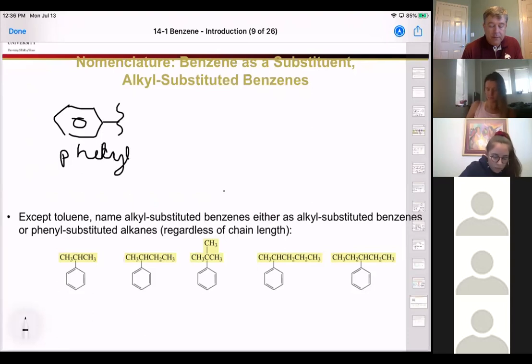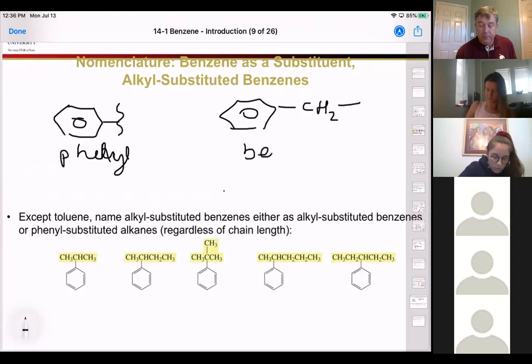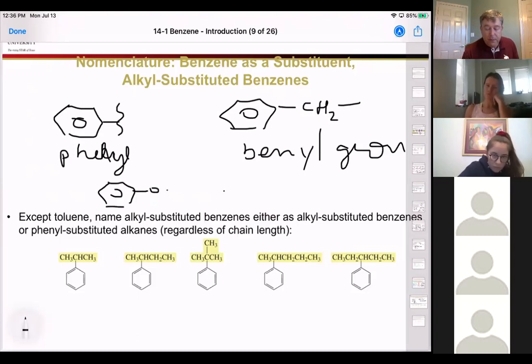Phenyl, that's an N, sorry. But if we have a benzene ring with a CH2 that's attached to something, that's called the benzyl group. If we have an ether with 2 benzene rings hooked directly to the oxygen, we would call that diphenyl ether.